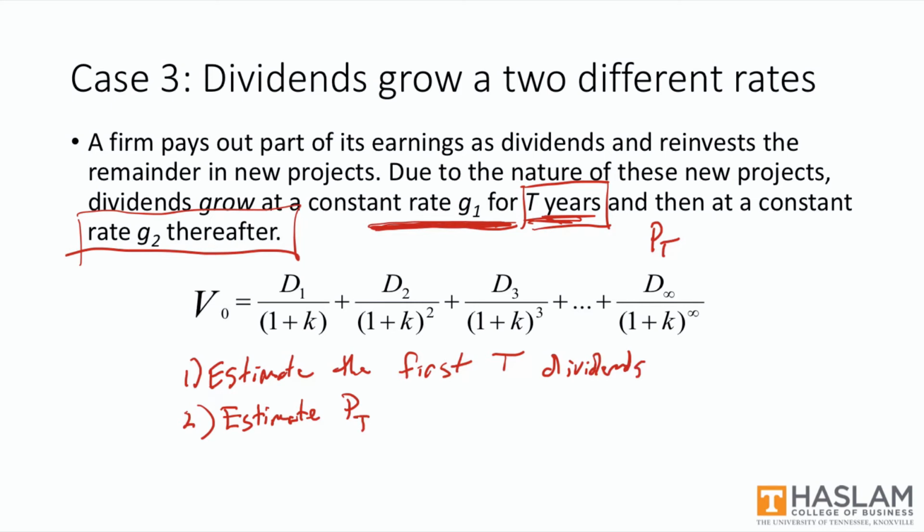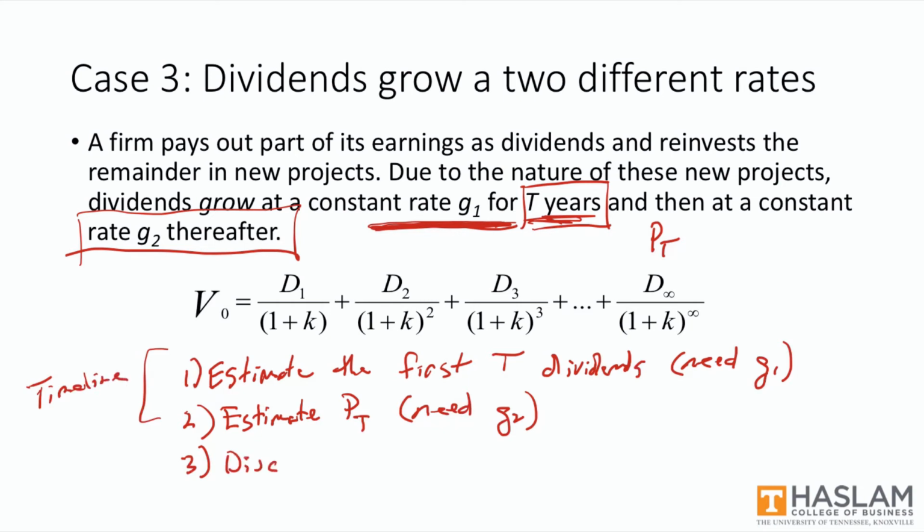Recall, for step 1, we're going to need the growth rate G1 because it's going to govern the dividend process. And then to estimate PT, we're going to need this long-term growth rate G2. Once we do steps 1 and 2, we can use our outputs to create a timeline of a series of cash flows. Then we simply need to discount all cash flows to the present.